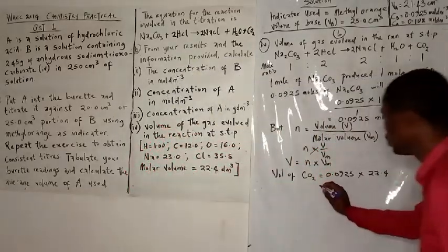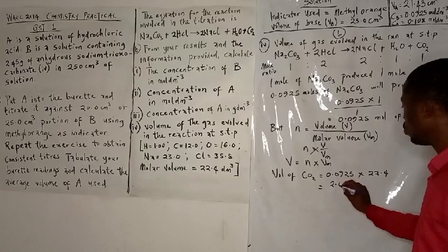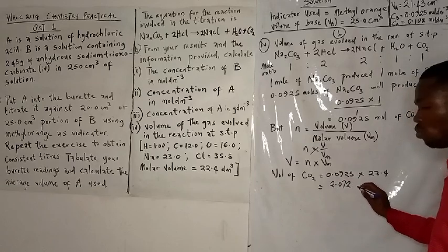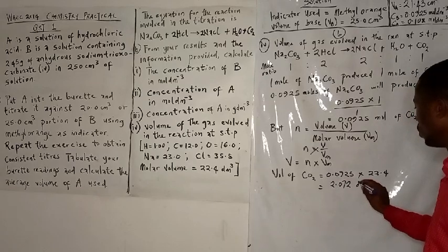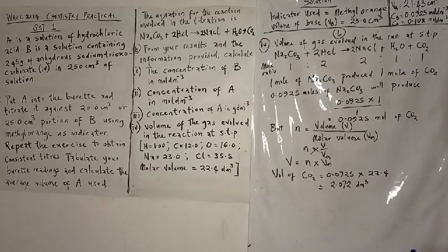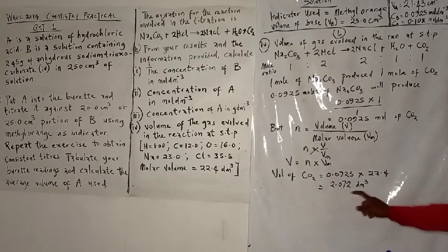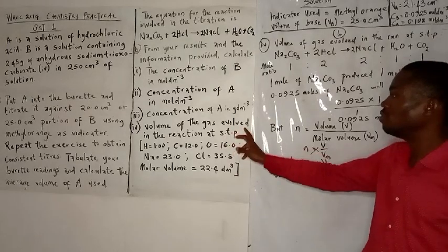And if we do this sum, we're going to have 2.072 dm cube. But the question says that we should calculate the volume of the gas involved in the reaction.